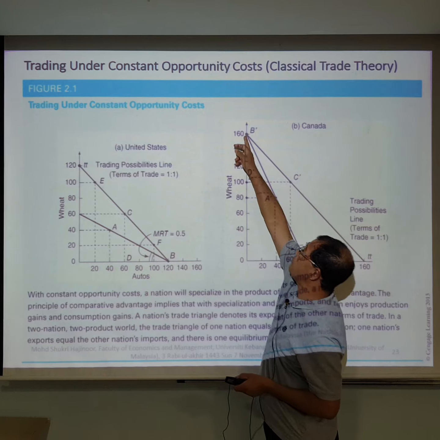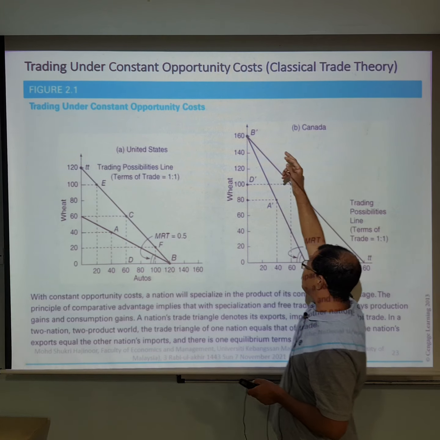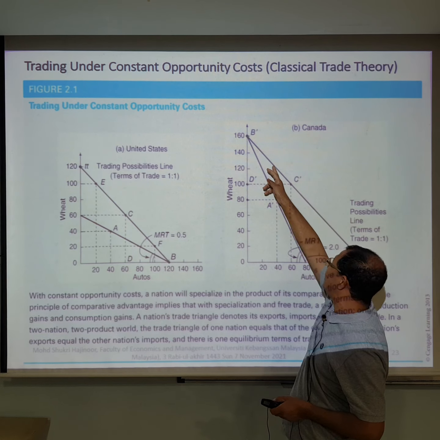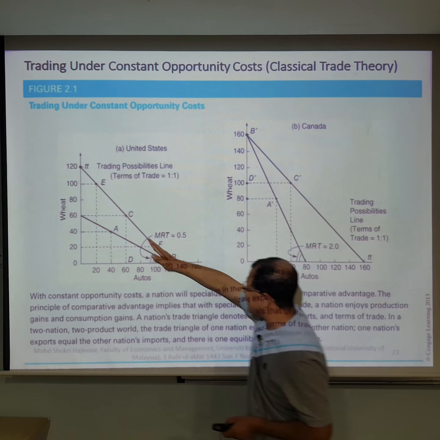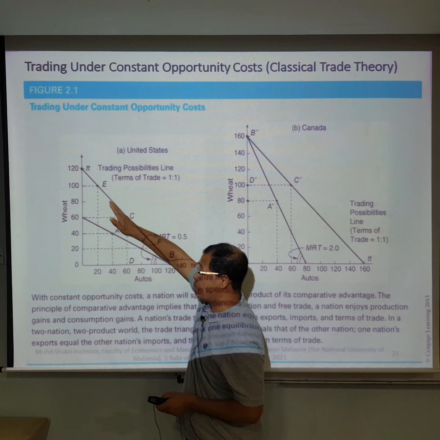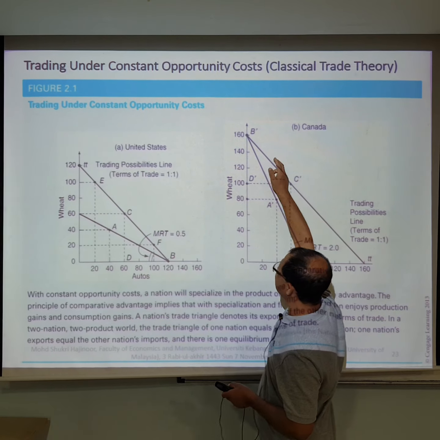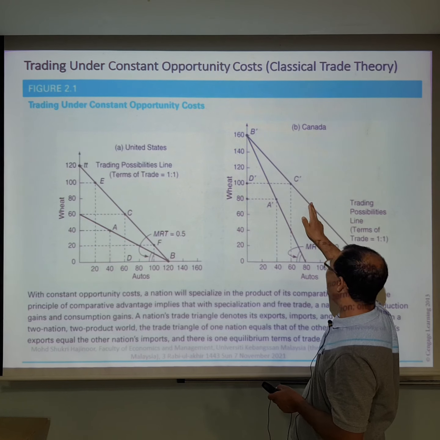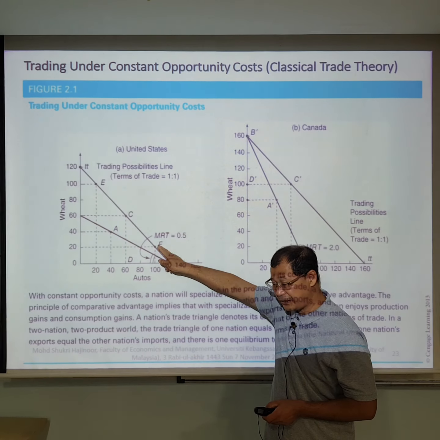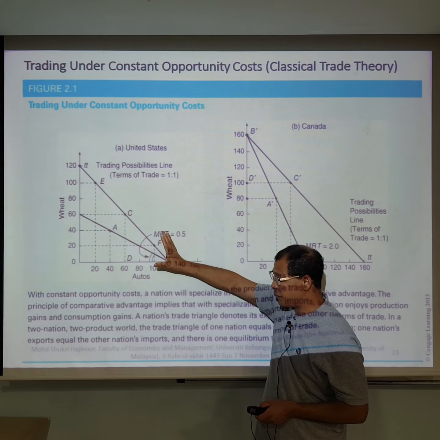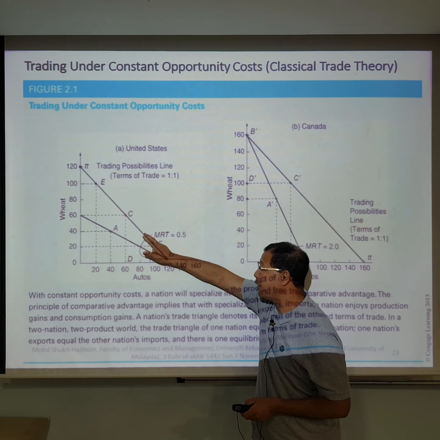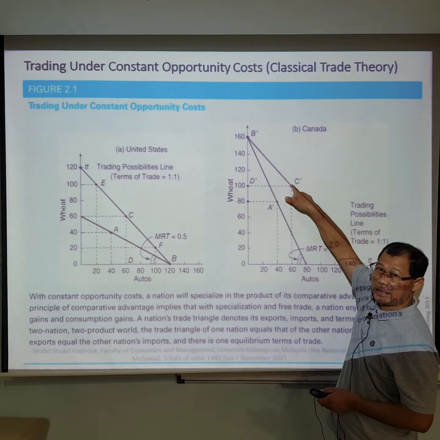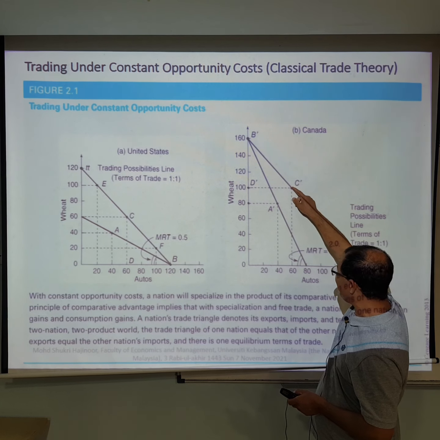So this is the production point for Canada. And from that point, we can build the same slope. This is actually one and the same line. This is the international trade line. Just because we draw two graphs, there are two lines. No, they are the same line, same slope. So we can have a point of consumption here.